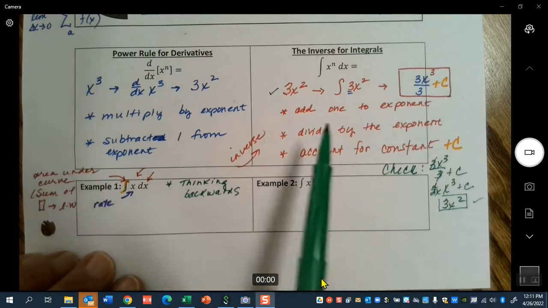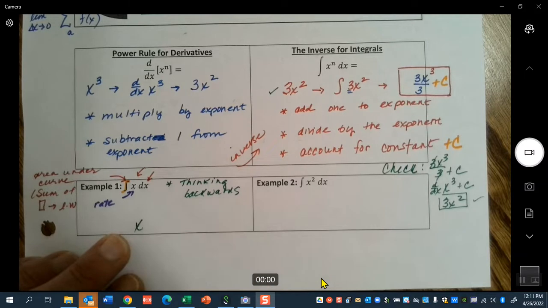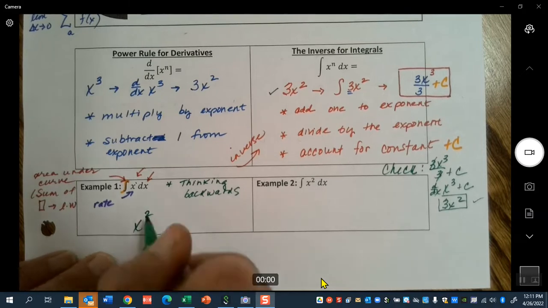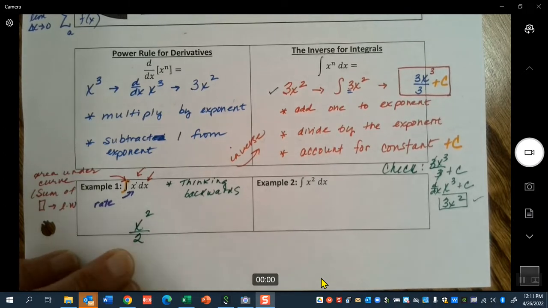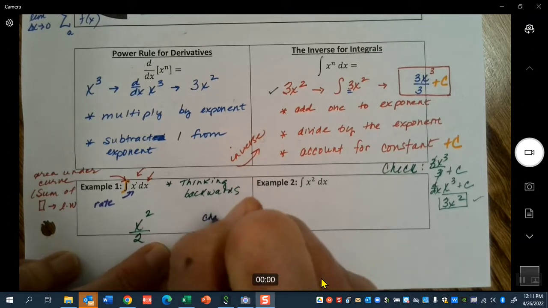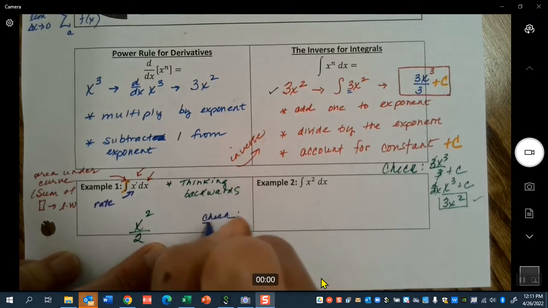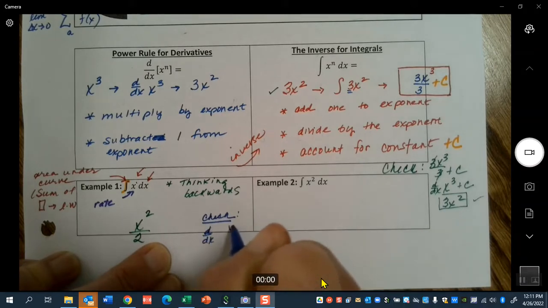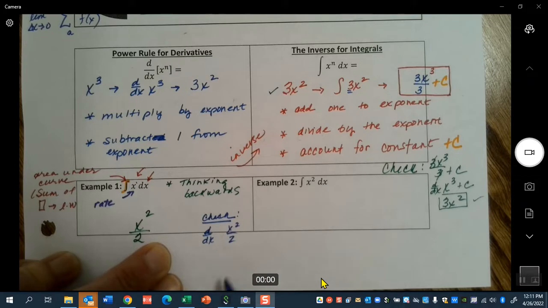So I'm going to take my x and add 1 to the exponent. If I have 1 here, now I have 2. And I'm going to divide by that exponent. If I want to check, I can take the derivative of that value that I got.